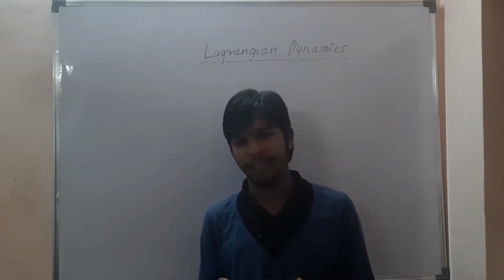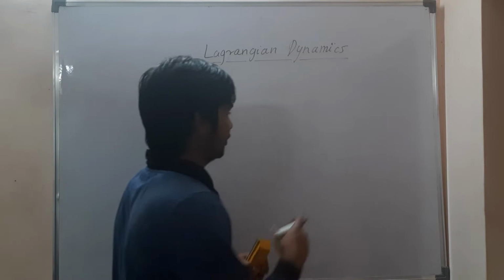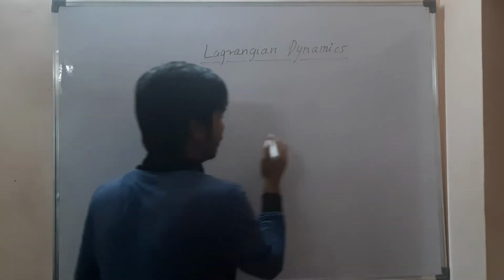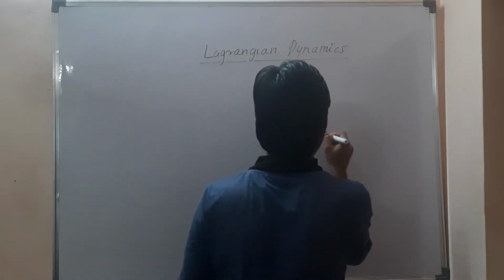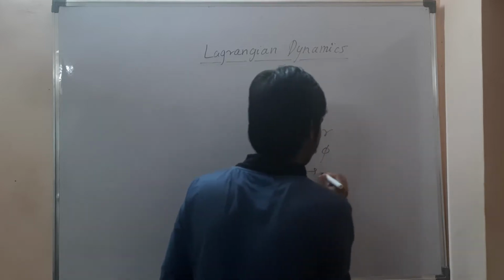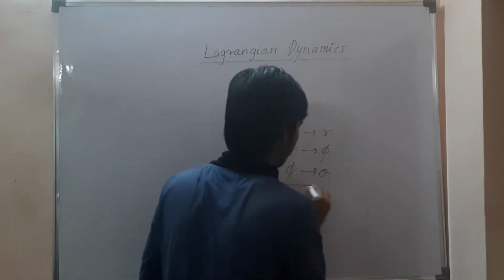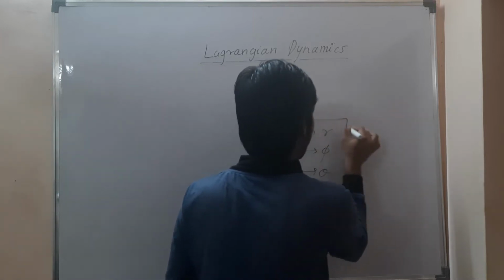But if you look there, you will observe that while considering this, I have taken k in the place of r, theta in the place of phi, and phi in the place of theta. So if you exchange all these things, you will get the same formula at last. Don't worry about that.